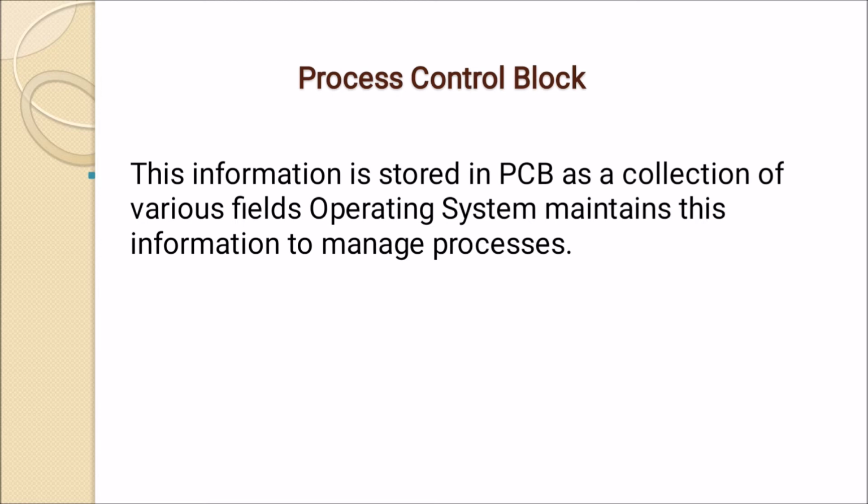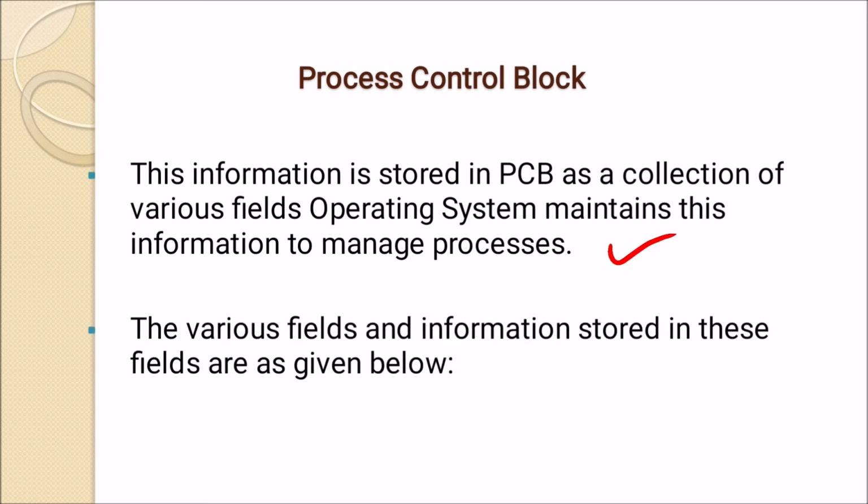The operating system maintains this information to manage processes. So address space plus other information is stored in the process control block as a collection of various fields, maintained by the operating system to manage processes.